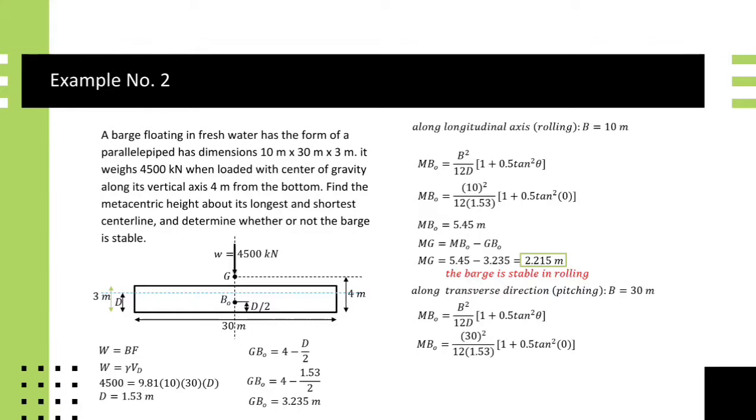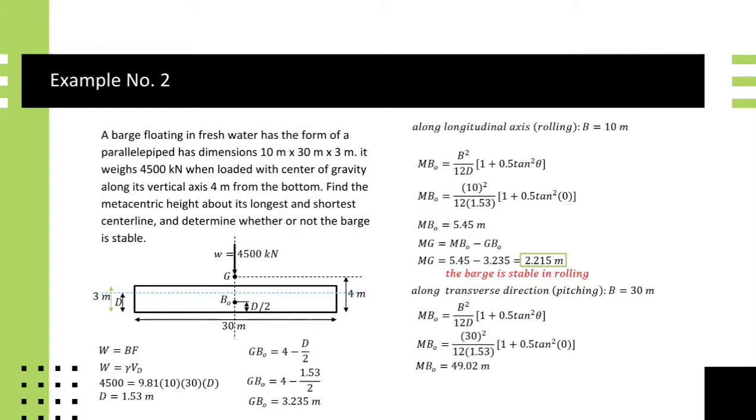And then, D is always 1.53. And then, theta will be 0 dahil hindi rin siya tilted. And then, solving for MBO, 49.02. And then, compare MBO is greater than GBO, which is 3.235. So, this will give you the conclusion na the barge is stable also in the pitching direction.